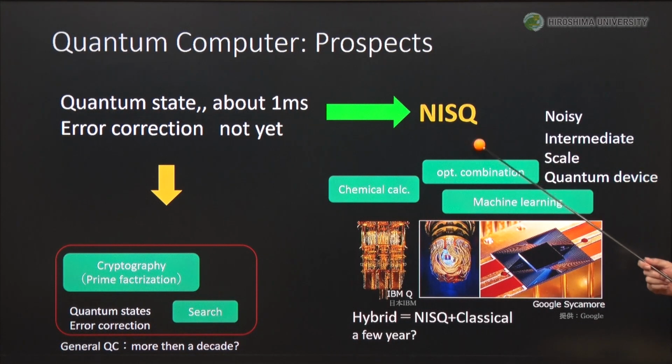Even with this NISQ system, some algorithms, chemical calculation, for example, or machine learning, work. So probably it takes some time, I don't know, 10 years or more, maybe 5 years, to develop this general purpose quantum computer, which can be applied to the Shor's algorithm.